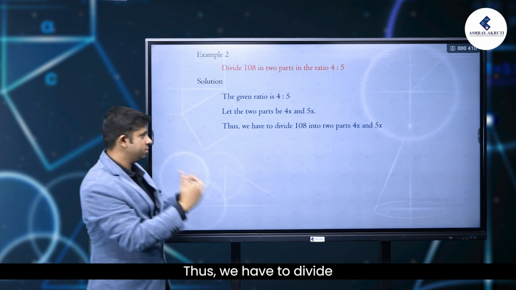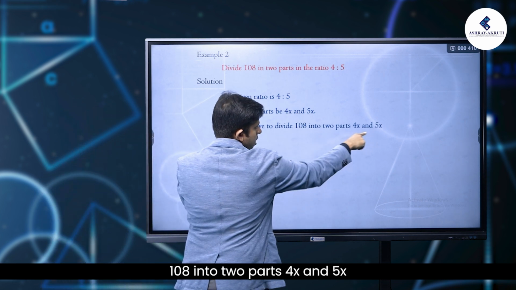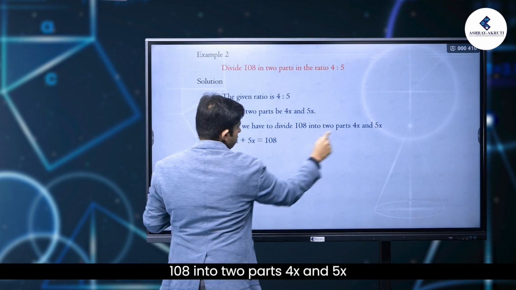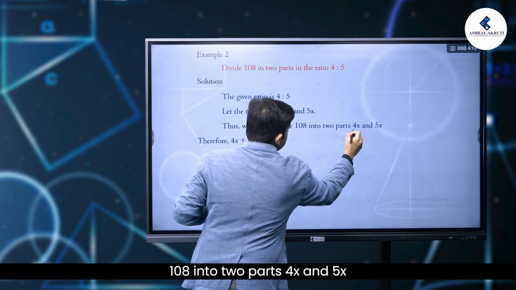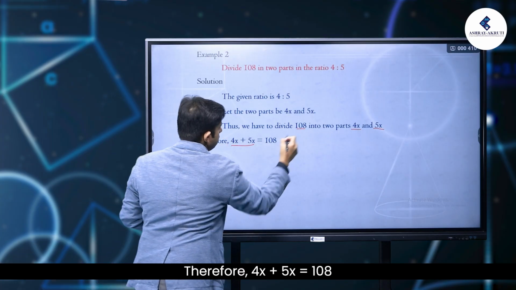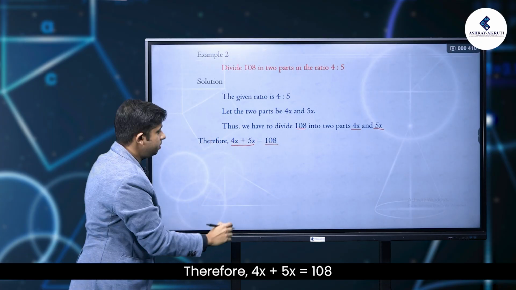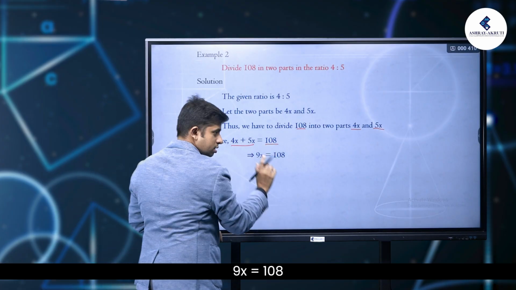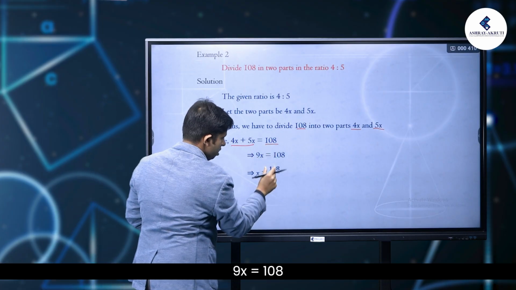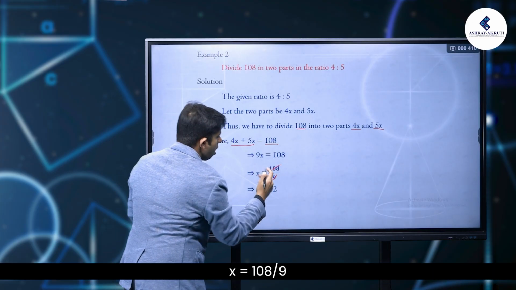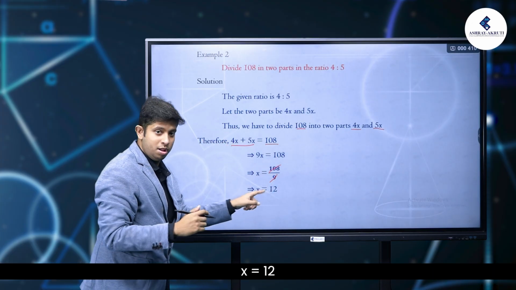Thus we have to divide 108 into two parts, 4x and 5x. Therefore, 4x plus 5x is equal to 108. 9x is equal to 108. x equals 108/9. x equals 12.